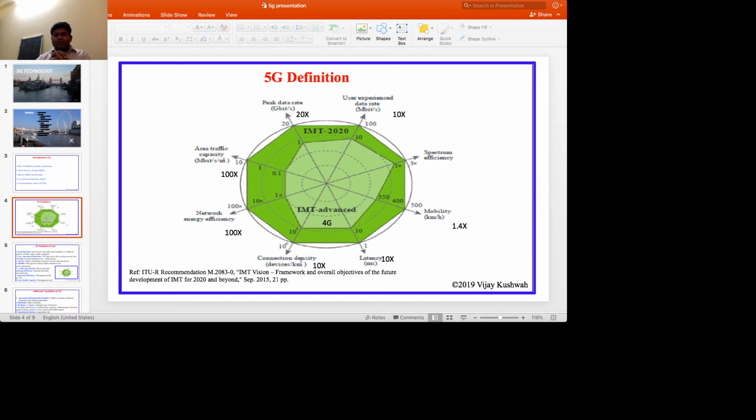But you can still get 100 megabits per second. In 4G, that number is 10 megabits per second. So we are at 10x for 5G.